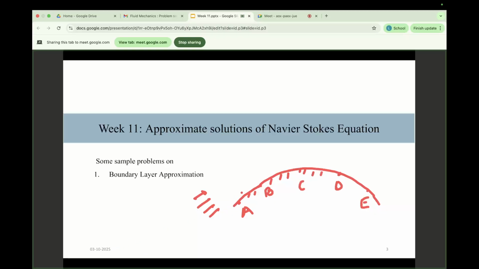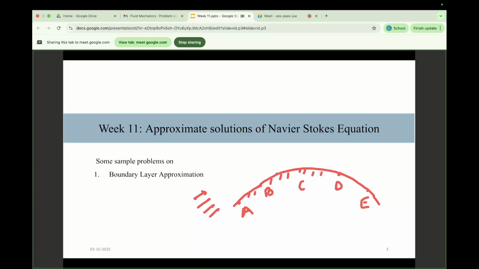If the fluid is flowing that way, there is a certain point where the pressure gradient will not be the same, because the flow will not be in direct contact with the surface as it's a curved surface, right? So that's why in the region ABC, assume this region ABC, what happens? This flow area decreases.